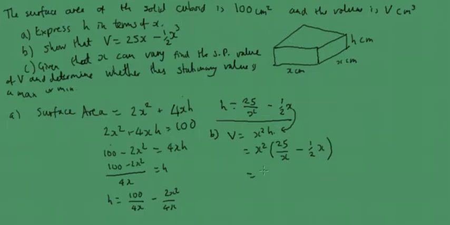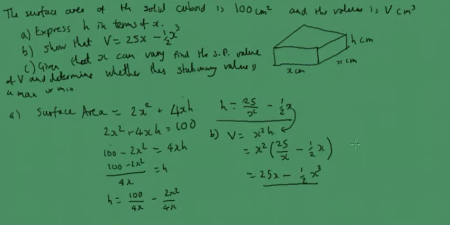So that's going to give us 25x, that x will cancel out one of the x's here, minus a half x times x squared, which is going to be x cubed. And that's what we wanted to show. When doing this, you can just put a wee note saying substitute for h, just to make it clear what you're doing.